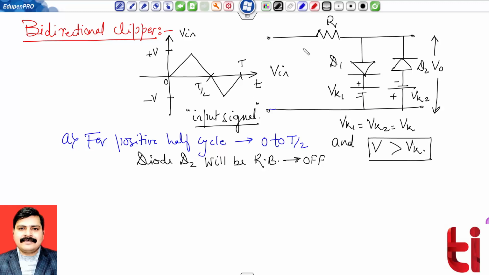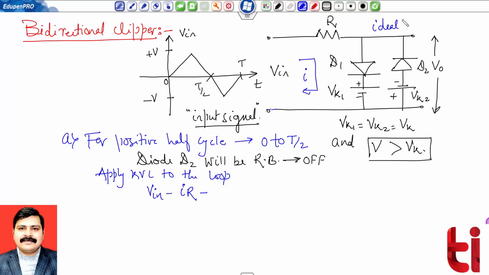Now apply KVL to this loop. Current I is there. So it will be Vin minus the drop across R, that is I into R, minus, since we have assumed that both diodes are ideal, there will be no drop across the diode when it is forward biased, minus Vk equals 0.